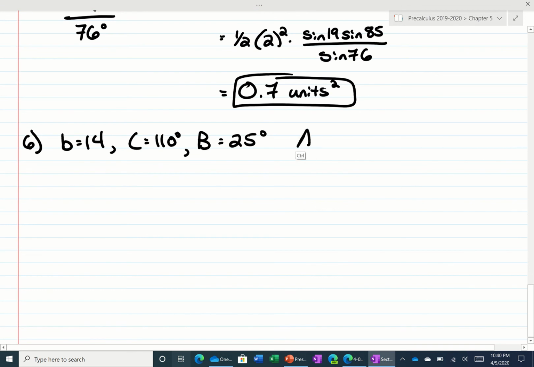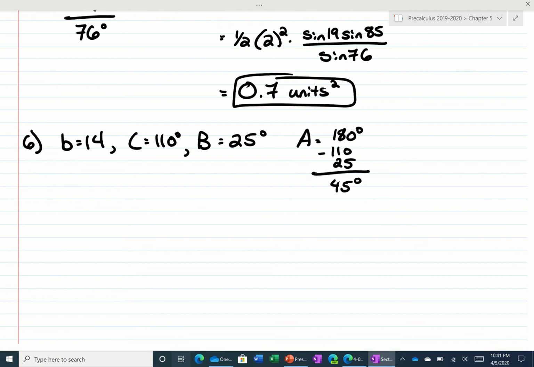We have to figure out what angle A is by doing 180 minus 110 minus 25. And for this problem, we get that angle A is 45. Let me type it in and make sure that's right. 180 minus 110 minus 25 is 45.